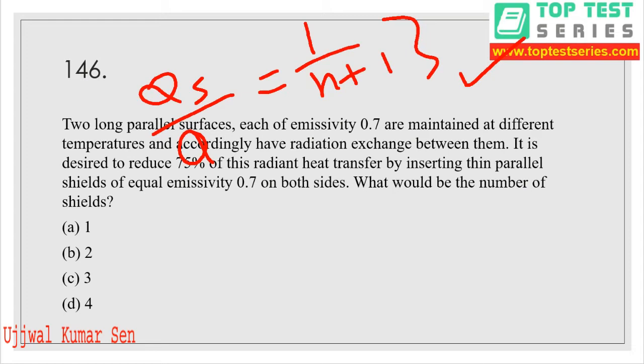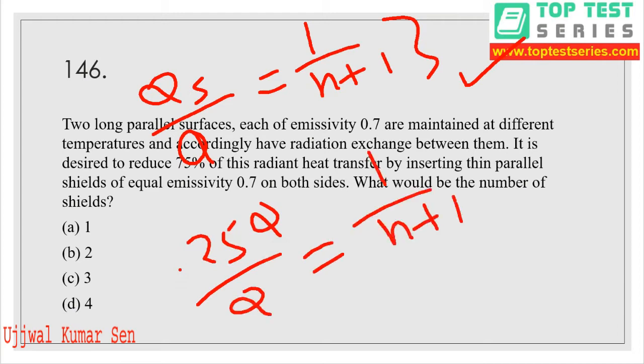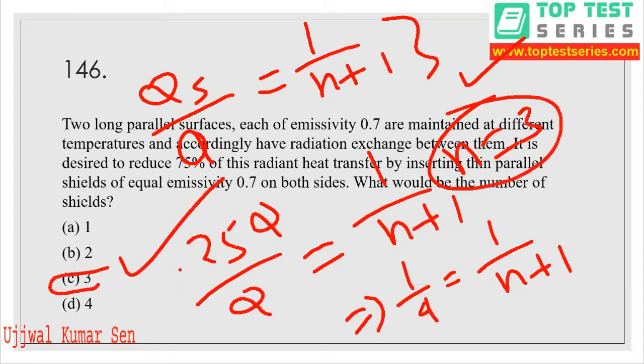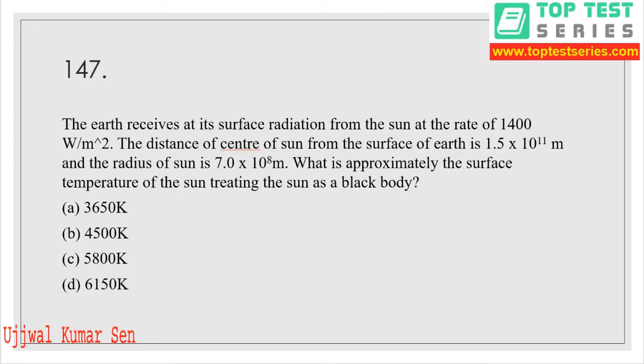So the remaining heat transfer is 25%, which means 0.25 Q. Dividing by Q, this is equal to 1 by n plus 1. So 1 by 4 is equal to 1 by n plus 1. So n is equal to 3. Therefore option C is the correct answer for this question.